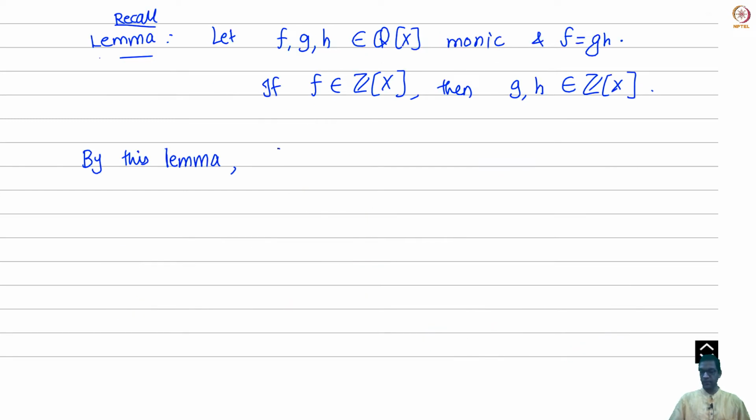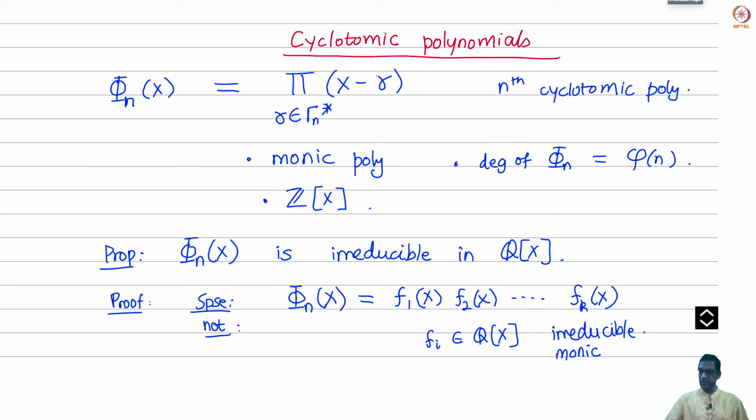So by the lemma we can conclude that the irreducible factors f1, f2, f3, etc. are all polynomials with coefficients in Z. Now let me call this first term f of x.